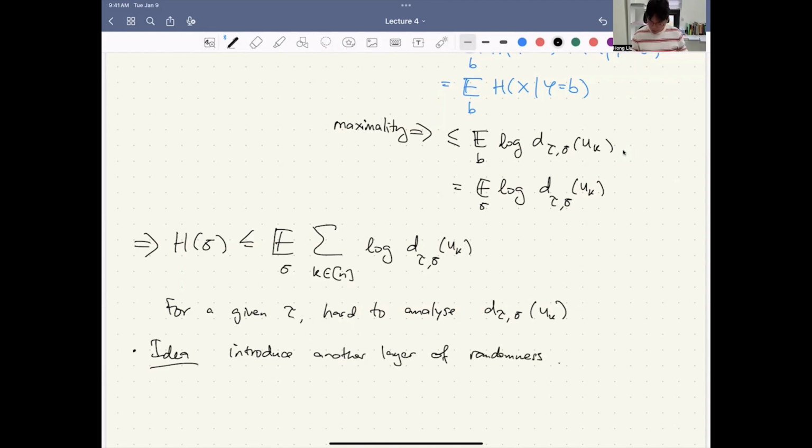In particular, we're going to sample tau also randomly.